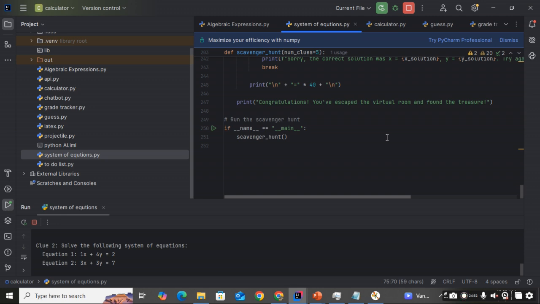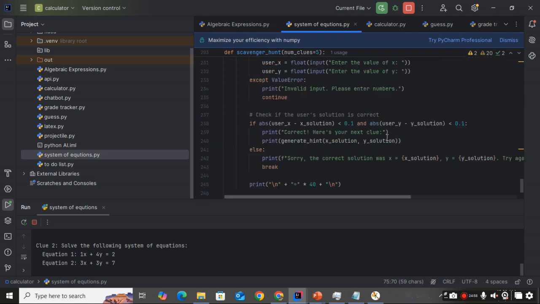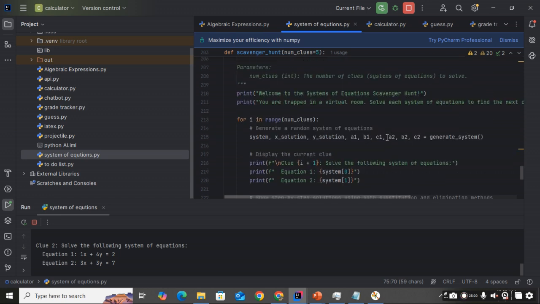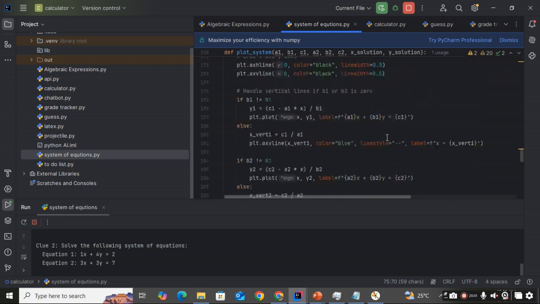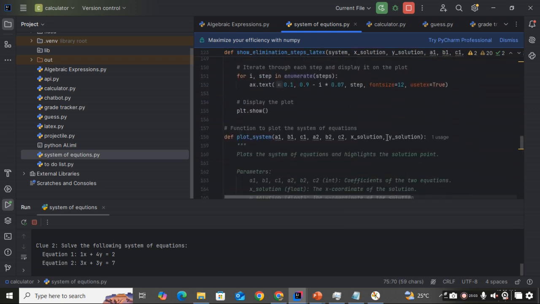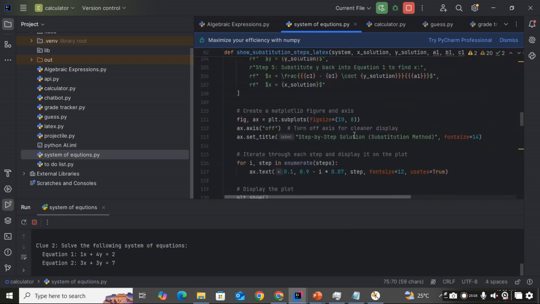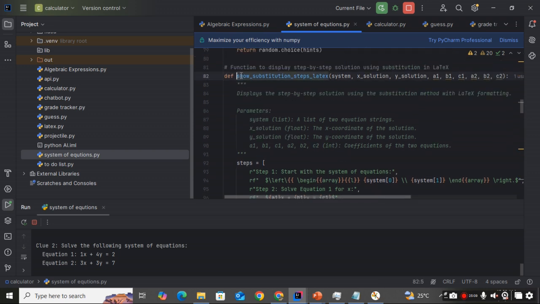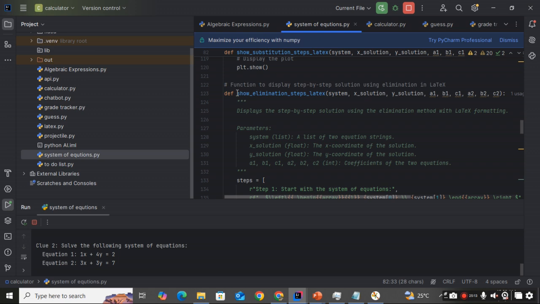Now here, I have successfully shown to you that algebra could be automated, specifically systems of equations that are solved through substitution and elimination. We show the steps in a human readable form in LaTeX. We show the substitution steps in LaTeX, and we show the elimination steps in LaTeX also.